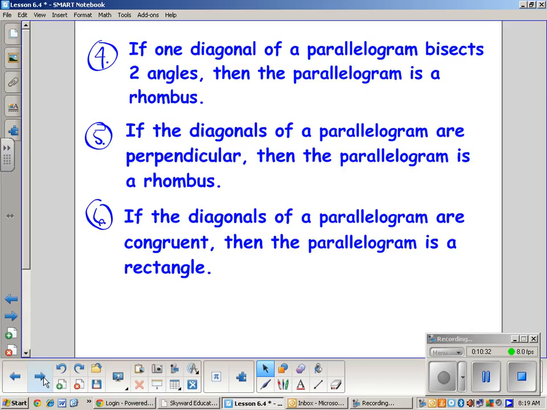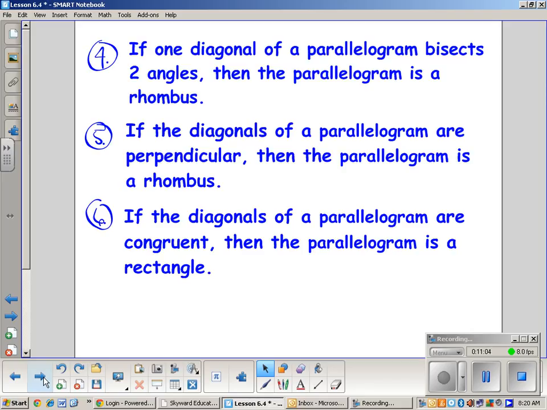So remember before we said if it's a rhombus, then the diagonals are going to bisect the angles, right? Now we're saying if it's a parallelogram and one of the diagonals bisects opposite angles, then it's got to be a rhombus. Okay? So we're switching it around. It's basically the converse. We're starting out, instead of knowing it's a rhombus, we're proving that it's a rhombus. And it's like minimum criteria to prove that it's a rhombus.